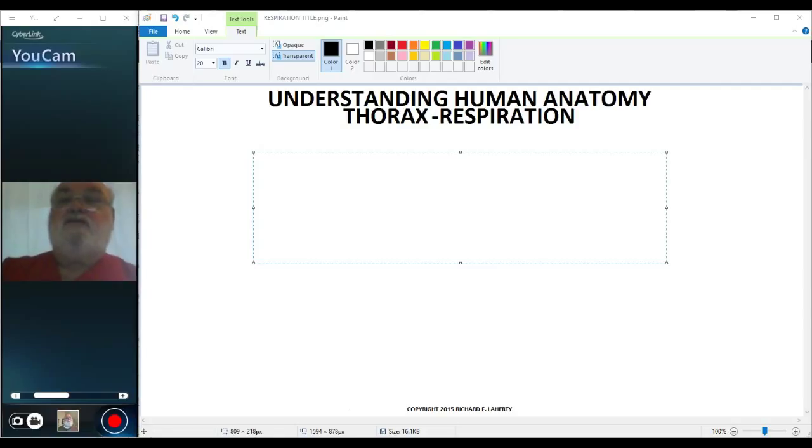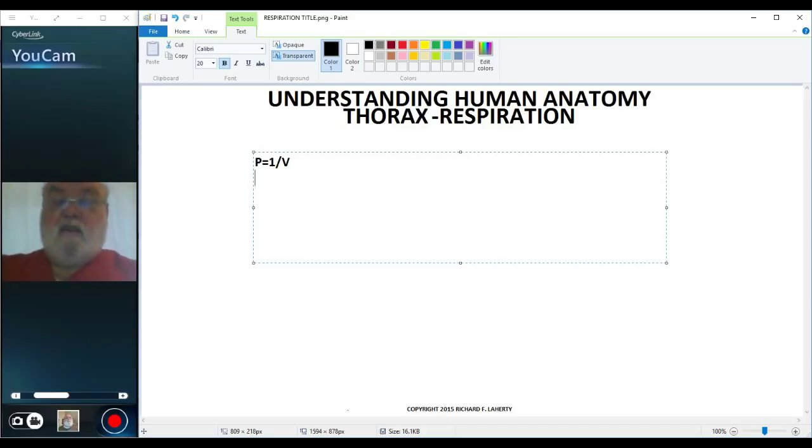But what does change is volume and pressure. And if you look at the ideal gas law, you'll find that pressure is equal to 1 over volume. Pressure is inversely related to volume.